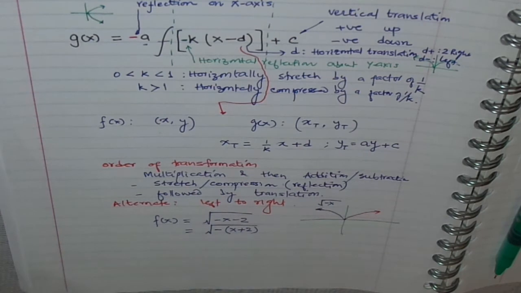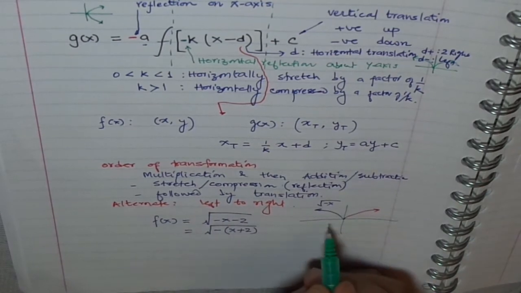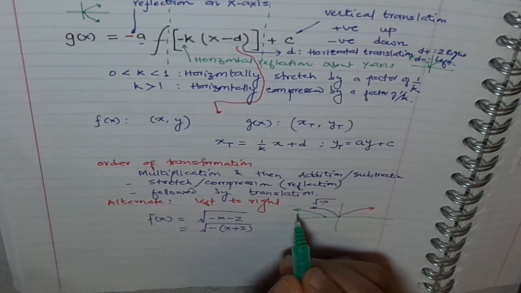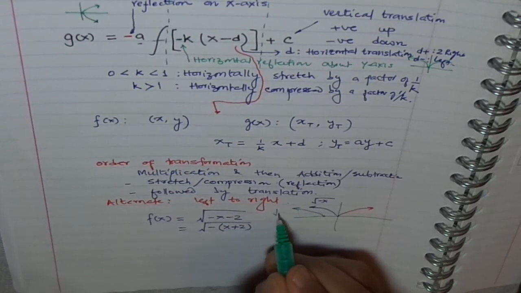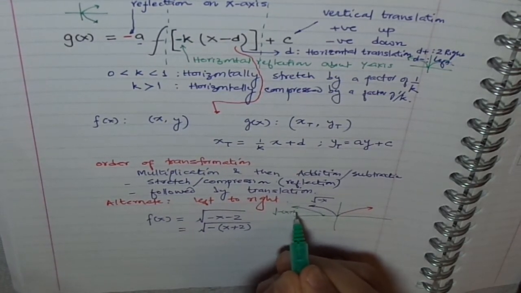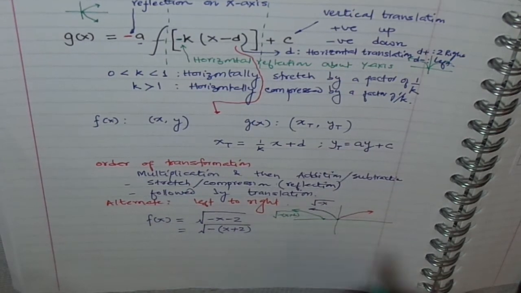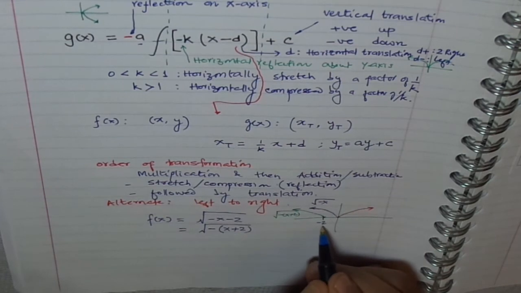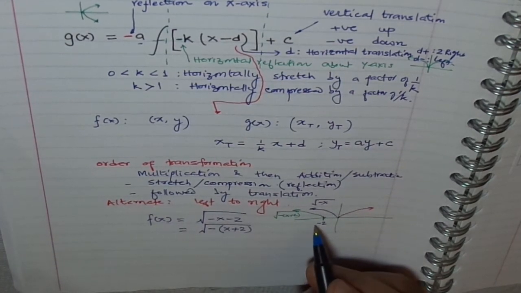Fine. And then we move it 2 units to the left. So this function is square root of minus (x plus 2) as desired. Now that means finally the domain is x less than or equal to minus 2.